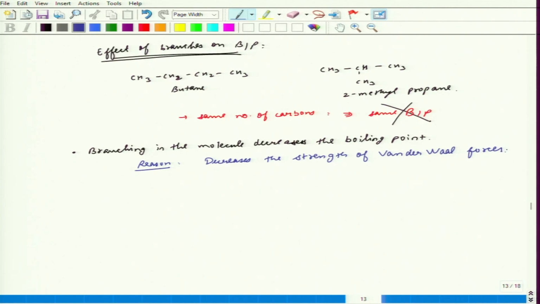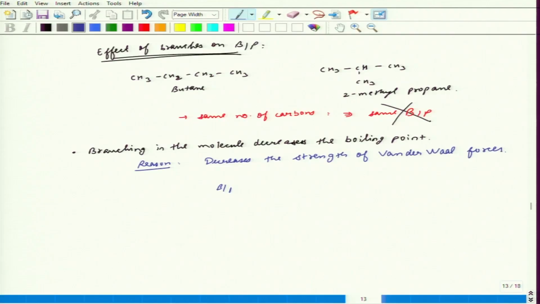So one thing is for sure about how the strength of van der Waals forces changes. If the number of carbons increases, the van der Waals strength will increase. If the branching in the chain increases, the strength of van der Waals forces is going to decrease, and the boiling point and the melting point are directly dependent on the strength of van der Waals forces.